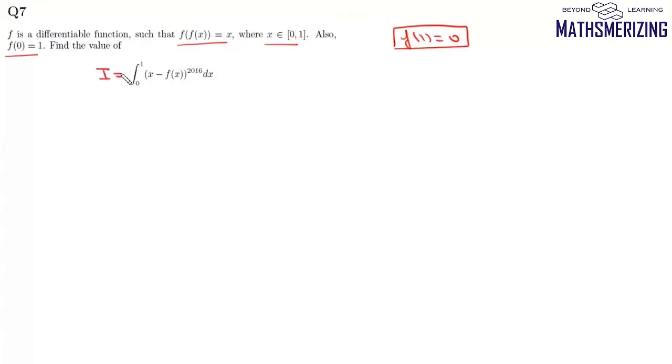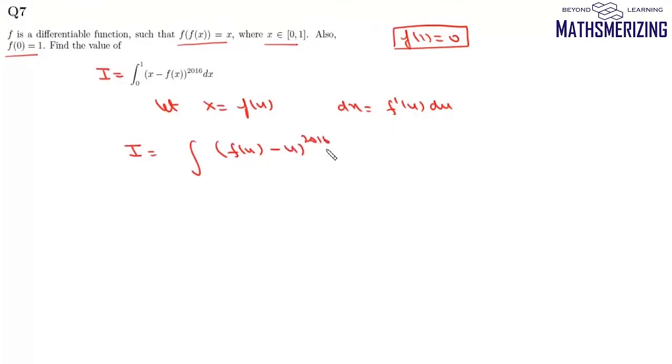Now what we'll do is, we'll use substitution and we'll let x as some variable f(u). Then dx will be simply f dash u into du. So we can write this integral as (f(u) minus f of f(u)), and f of f(u) is simply u, to the power 2016, and in place of dx we write f dash u du.